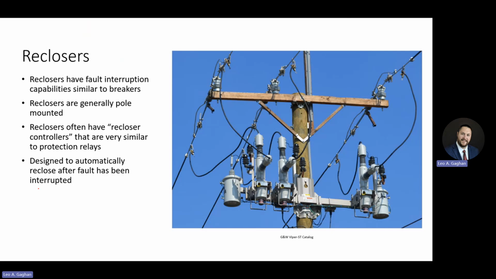Some things to look at with this particular recloser. It looks like this particular recloser has got two voltage transformers, one right there, one right there.